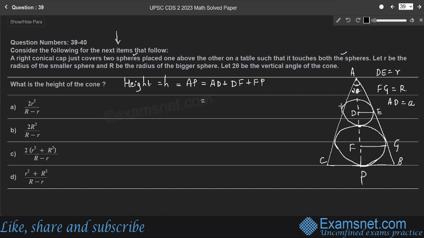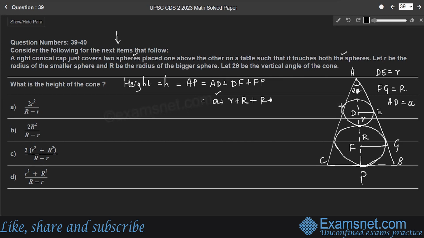Let it be a. And the DF distance is the sum of small r and capital R. Do you agree? So small r and capital R is DF. Whereas FP is only capital R. So here students, we need to find the value of small a, the AD distance.